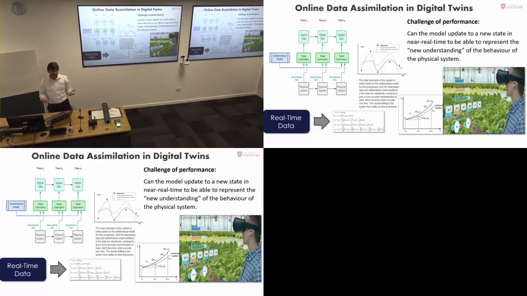You could do it a couple of times a day, or X number of times a day. But if you have to do that regularly, then you need to do something that is, to some extent, real-time learning. If, for example, a machine or an environment is working around the clock, a digital twin should be able to capture most of those states as the underlying physical object is changing.